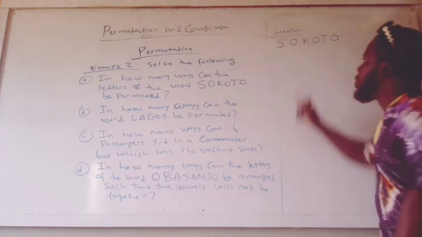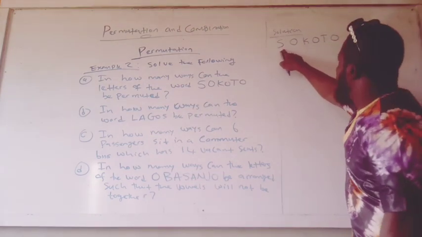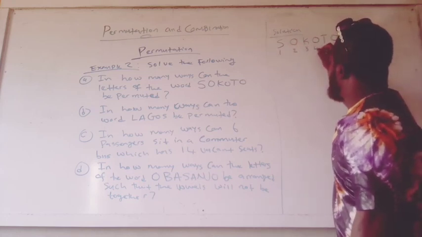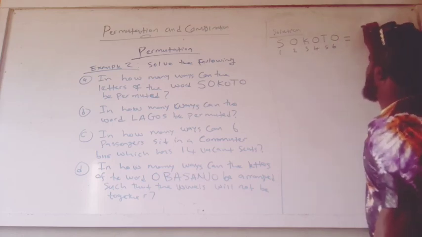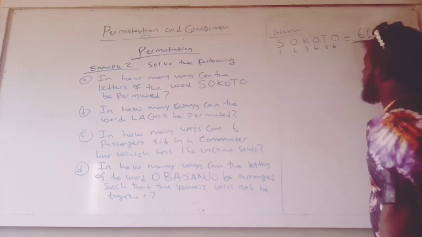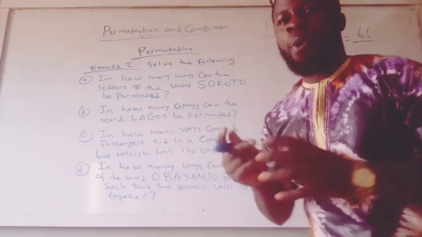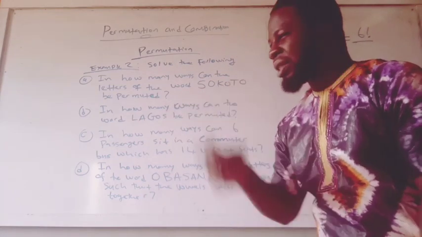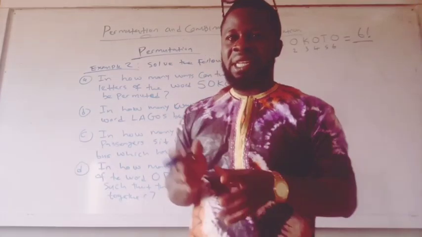Normally what you do is you count. How many letters do you have there? 1, 2, 3, 4, 5, 6. So I will say we got 6 factorial. Now, you should know that the rule is that when there is a repetition of letters, you divide by the total number of times that letter is repeating itself.